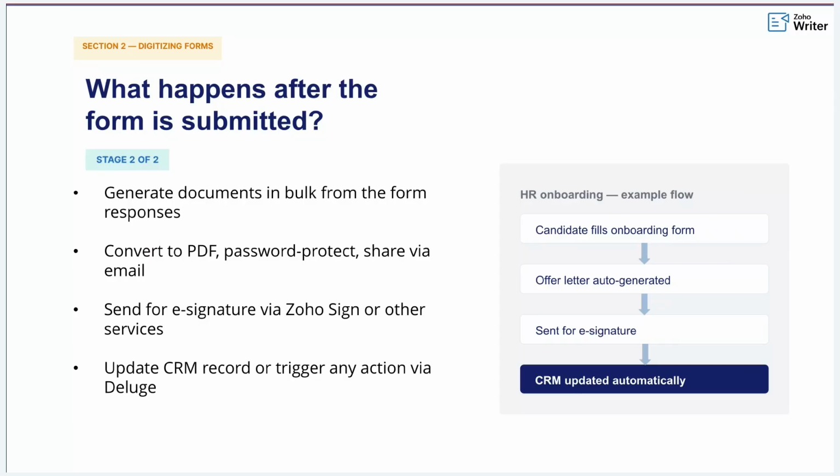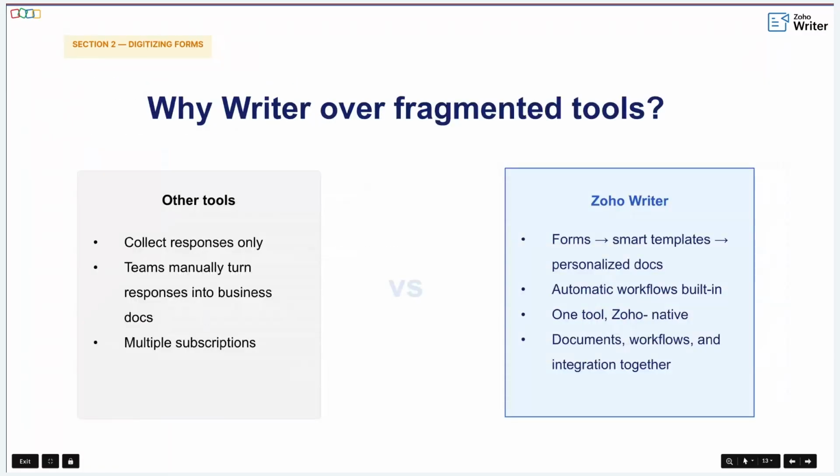Instead of just giving you a spreadsheet row, Writer can automatically generate one or more documents from that response, like an offer letter, an NDA, an internal approval note, apply conditional clauses to it, convert them into a PDF, lock them, or even send them for e-signature. At the same time, they can also be pushed into Zoho CRM or other Zoho apps using Deluge without any manual copy paste. And that's really where Writer is different from typical form tools.